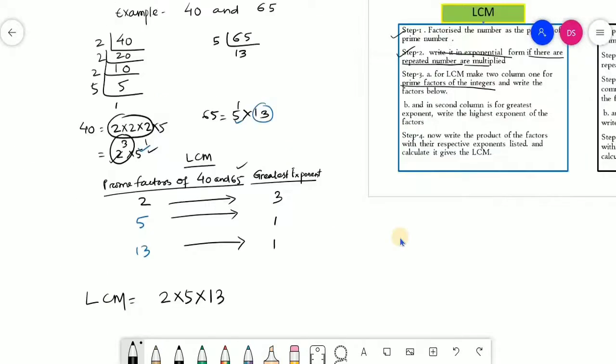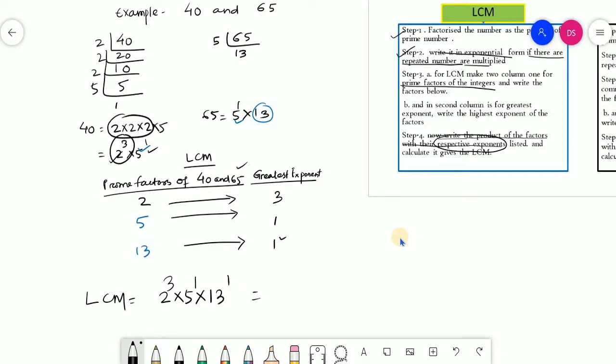Okay. Now I am following this step, and we will write the respective exponents. Here 3, here 1 and here 1.